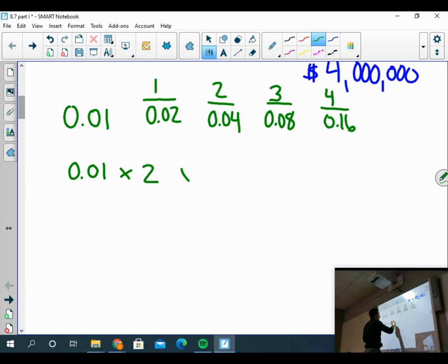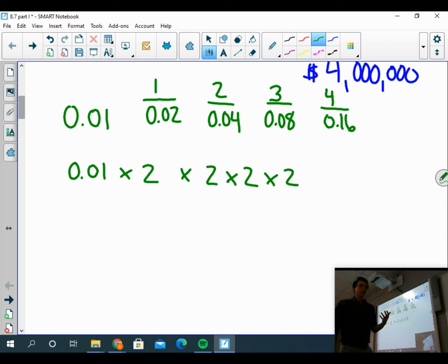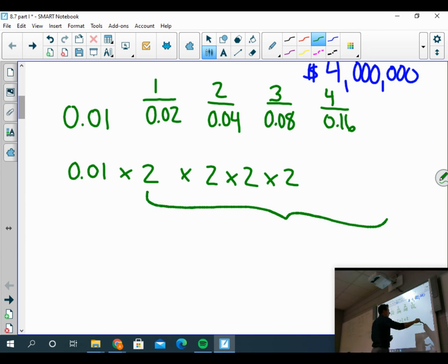And then at the end of day 2, you're going to multiply your total by 2. And at the end of day 3 and day 4, you essentially multiply by 2 based on how many days there are.